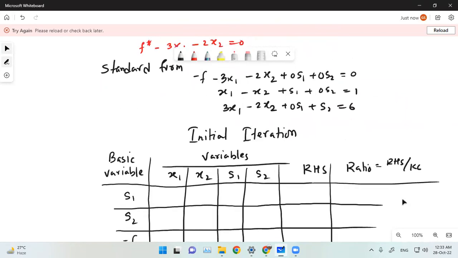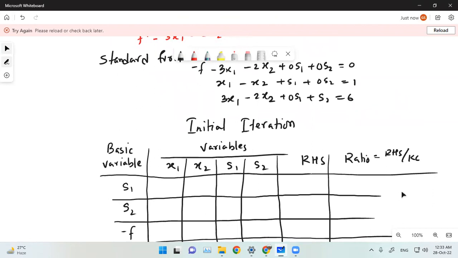Now let's fill up the table. So -3, -2, 0, 0. Here we know that it will be 0, 1, 0, and 0, 1. The rest is basically 1, -1 and 3, -2.